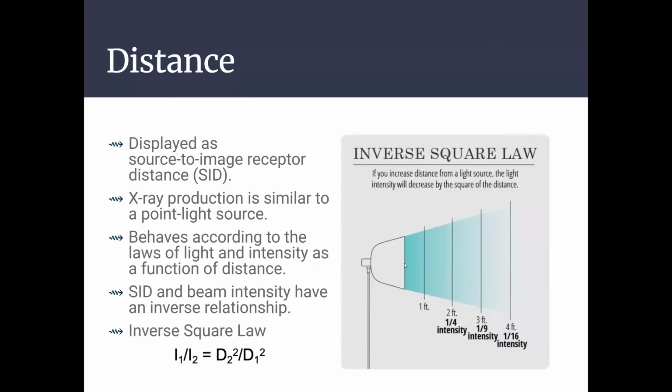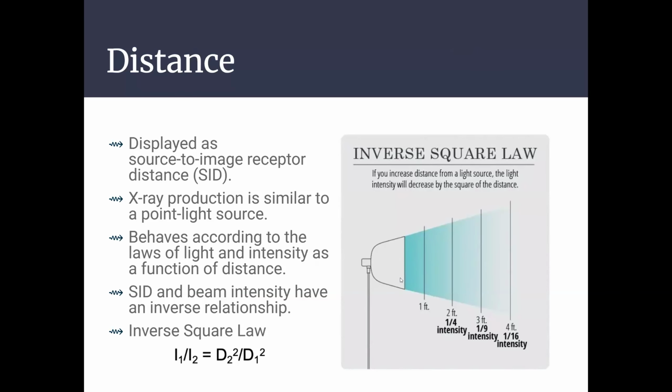So the next concept that's going to give us a math problem is distance. Distance is displayed as source to image receptor distance, SID, with D being distance. So X-ray production is similar to a point light source. In this case, on the right-hand side, you are looking at a lamp.